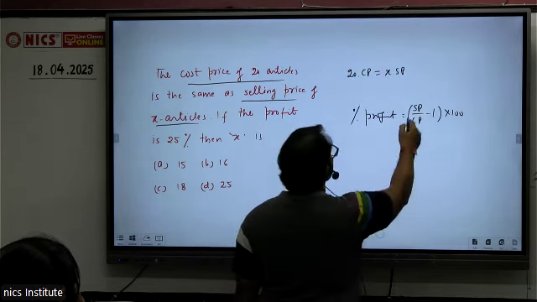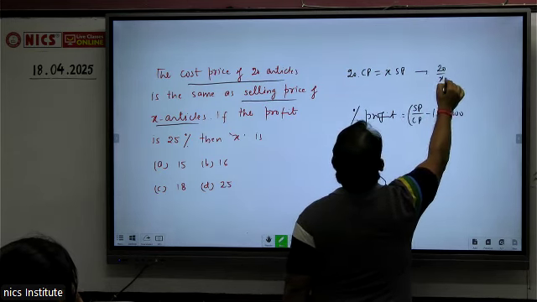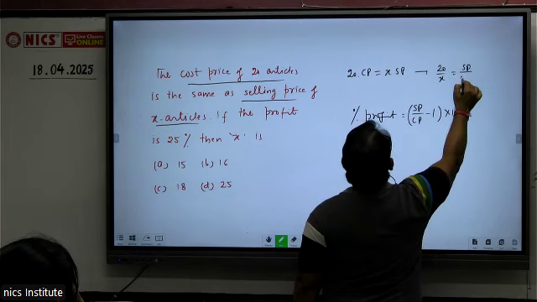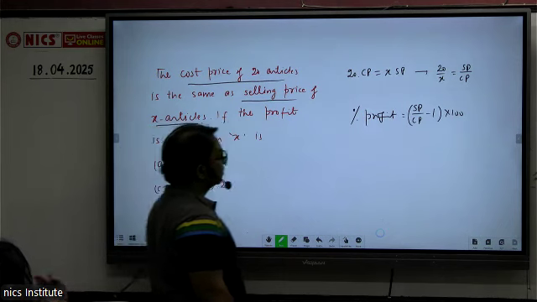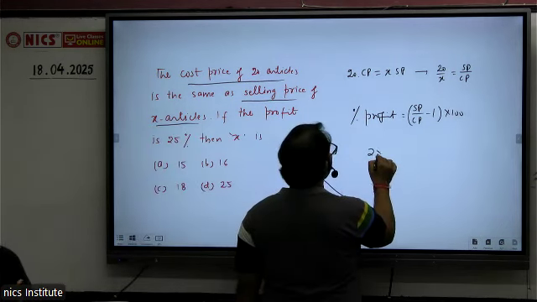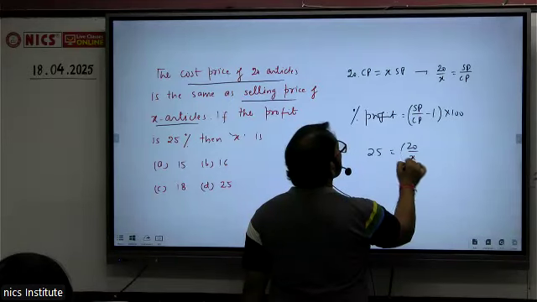So what is SP by CP from here? SP by CP would be 20 by X. Profit percentage is 25.